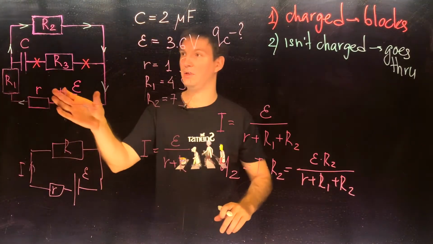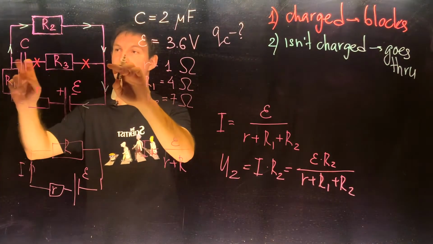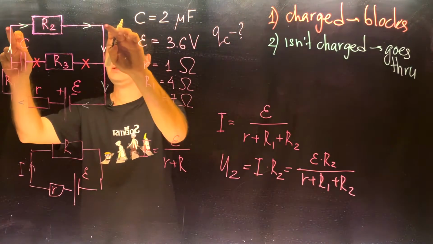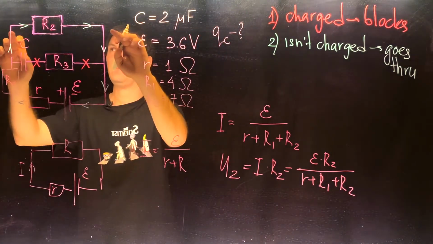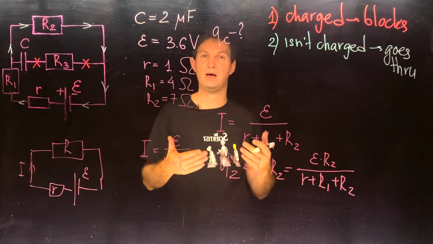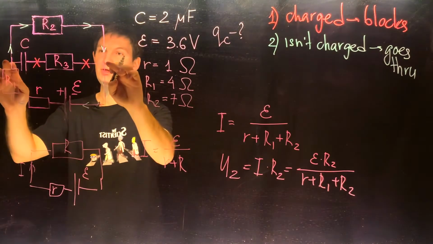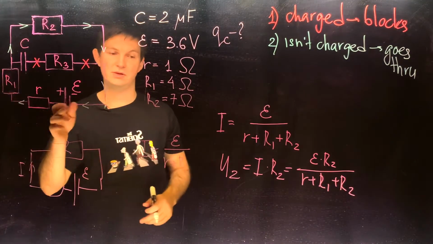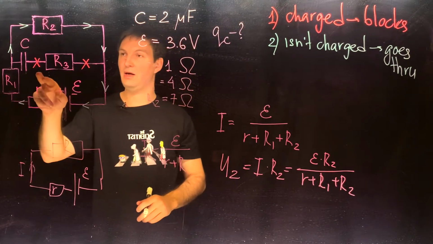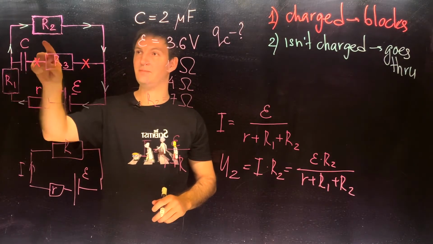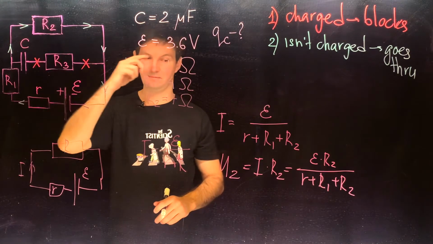Here we see that the second resistor is in parallel with this section. When sections are in parallel, they have the same voltage. So the second resistor has the same voltage as here, and we know that the current doesn't go through the capacitor, and it means that the capacitor has the same voltage as the second resistor.